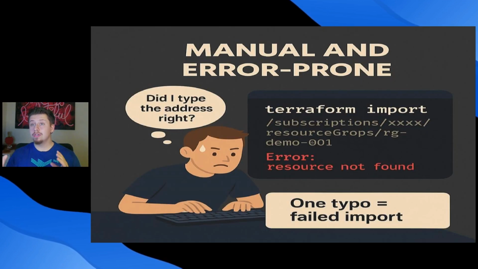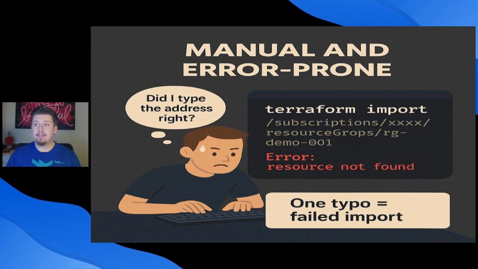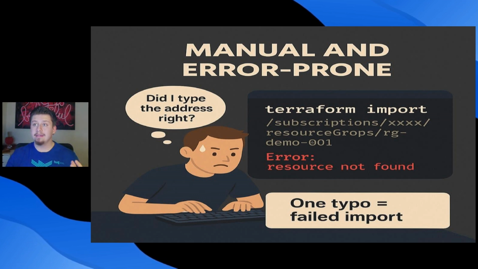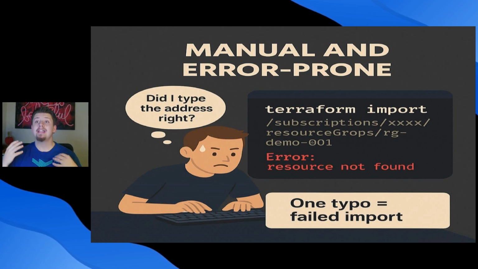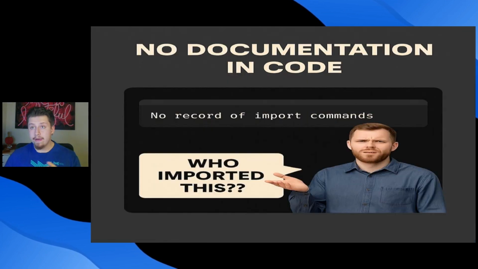So when it comes to the problems, every import had to be done manually with the CLI command. Forget one little character in the resource address and Terraform would either fail or import incorrectly, as we see here. I had this problem a couple of times where I needed to be very careful about it, right? This is the first problem. Manual and error prone is everywhere.